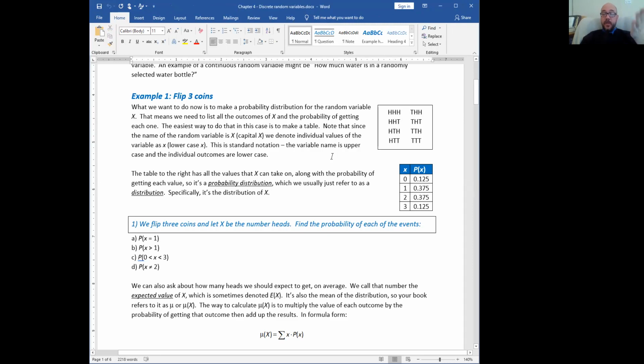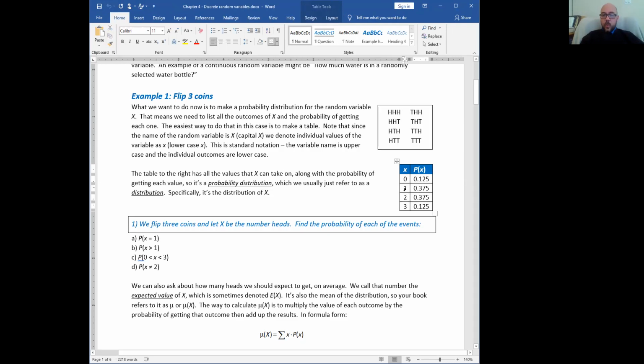So if we're making a probability distribution, which is this thing right here, this is what we get. x can only have 4 values in this, right? If we're flipping a coin 3 times, we get 0, 1, 2, or 3 heads. And the probability of each one is listed right here. So the probability of getting 0 heads, just say we get all tails, is just 1 out of 8, which is 0.125.